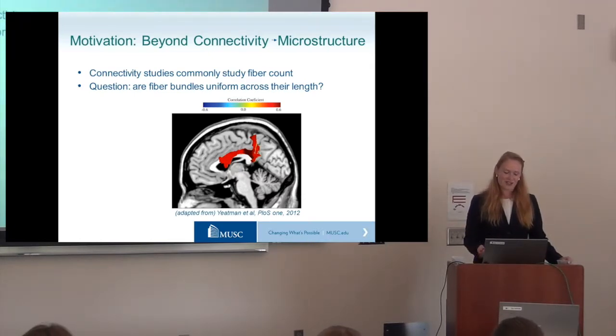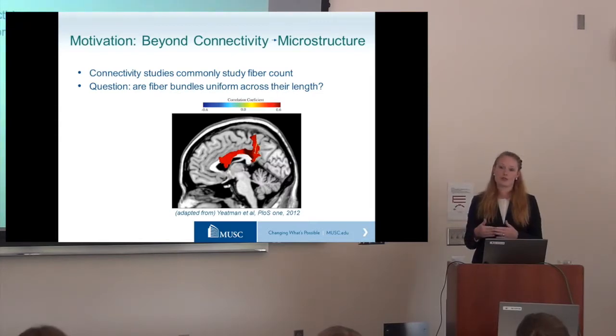This is a study done at Stanford where, for one of the first times, they tried to correlate different parts of the tract, the microstructure of the tract, with, in this case, reading skill.